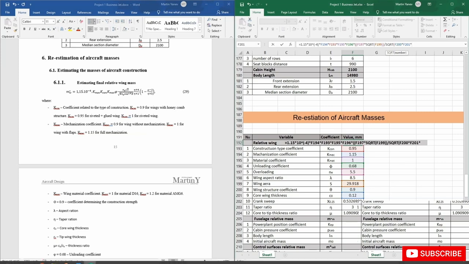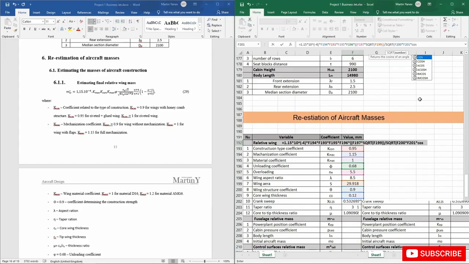I will select it for now, but then we will need to change this value, because Excel takes angles only in radians, not in degrees, not in arctangents either. So for now I write cosine of that angle, I close it, the whole cosine will be in a bracket, and I will raise it to the power 1.5. Then close the square root, so we're out of the square root, and now we're out of this division.